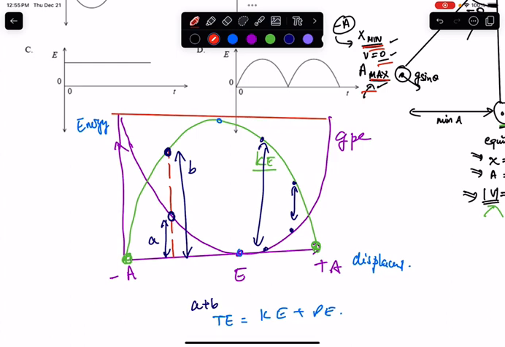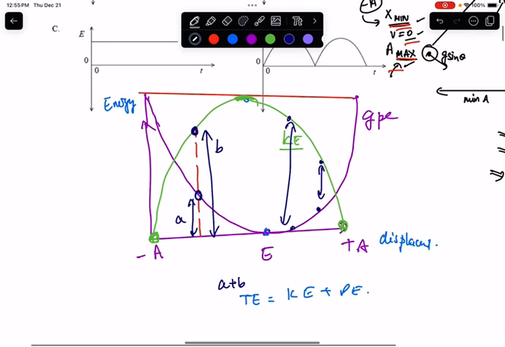So maybe you can draw this a bit higher. Yeah. So what this basically shows is that in a simple harmonic motion, the total energy, which is TE, will always stay constant.